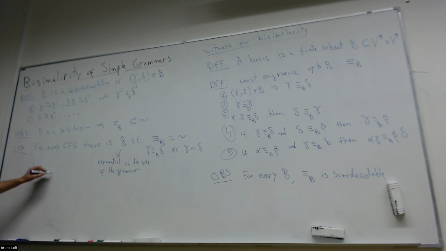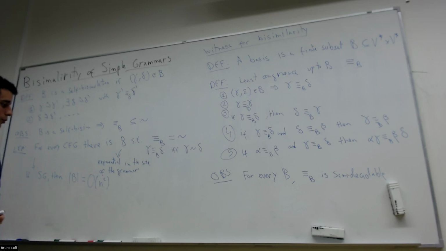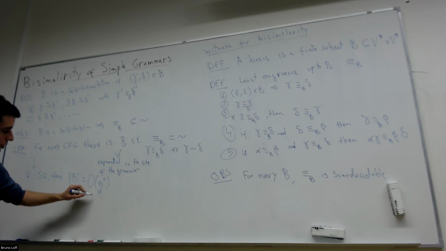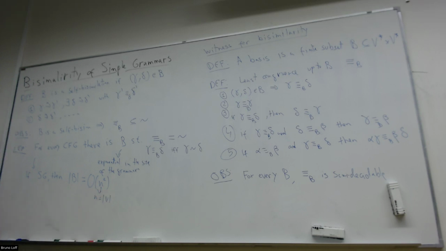So actually, if it's a simple grammar, then the size of B is at most quadratic, where n is the number of non-terminals. So essentially, for each pair of non-terminals, you only need one element in the basis. That's enough. You don't need to consider multiple bases. And this essentially follows from determinism.